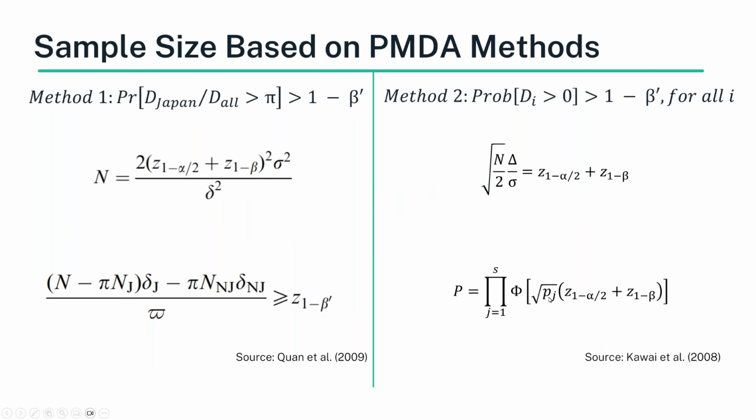And here I should highlight that the lowercase pj here is the proportion of subjects in the jth group, or jth region, I should say, sorry.